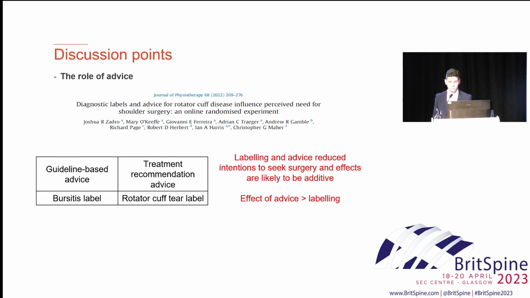But we did find as well that the effect of advice was twice as big as just labeling the condition using a less threatening label, which to me highlights the importance of not only being mindful about how you label a condition to a patient, but providing proper advice that won't perpetuate feelings of poor prognosis, anxiety, and fear when they're not warranted.